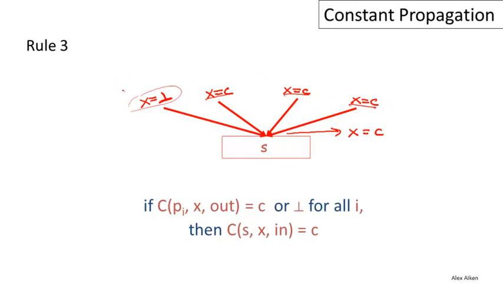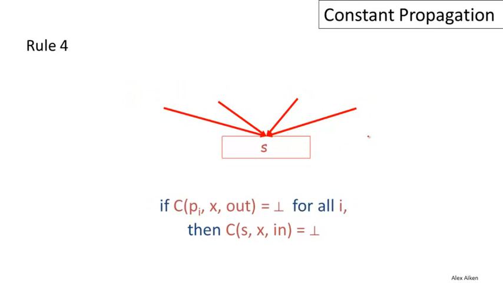So there's some predecessor P here which never executes, which means that we could never reach S along this path from P. So the only paths that will reach S are the ones where x is known to be a constant. So that's why it's okay in this situation to say that if execution reaches S at all, it's guaranteed to reach it in a state where x is the constant c.